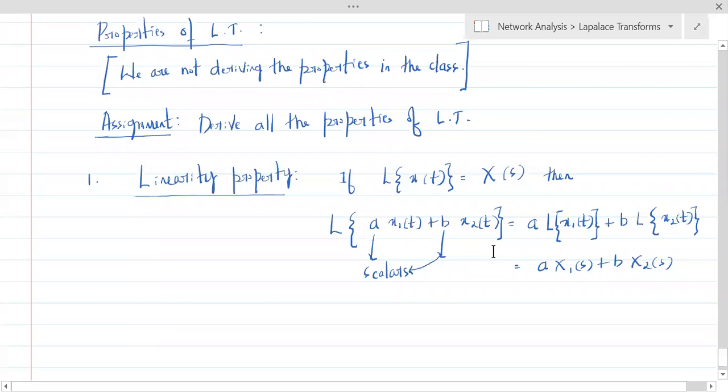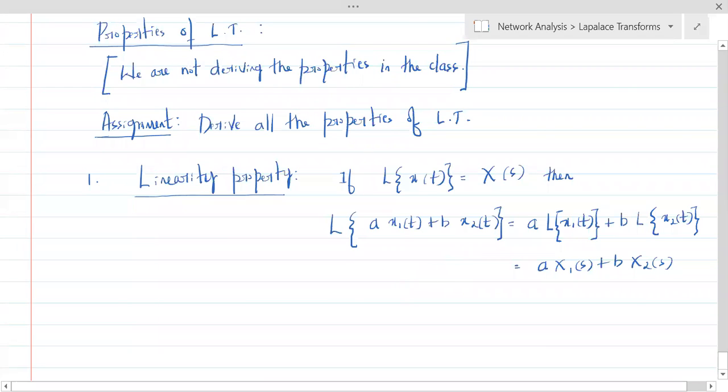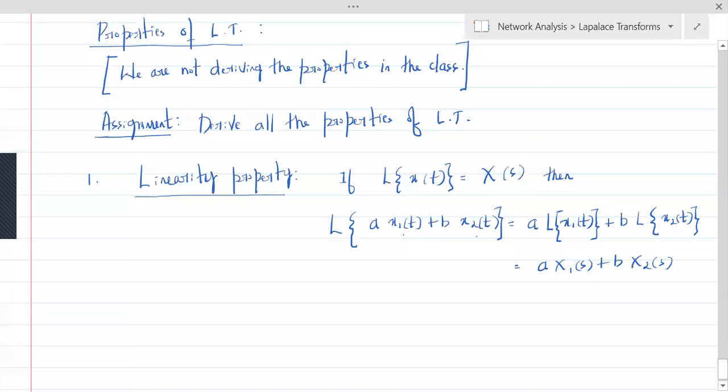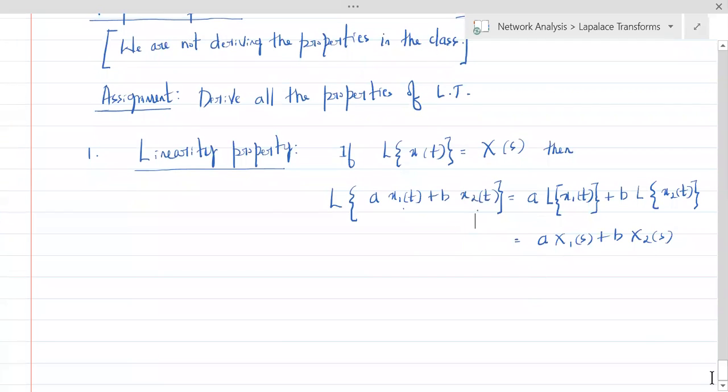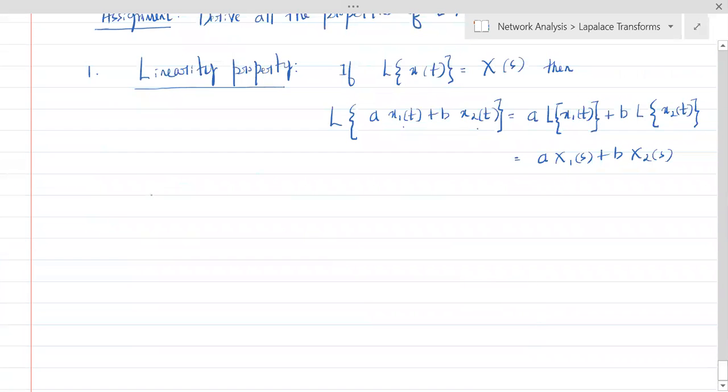So this is a signal, this is a signal, this is also a signal. Get that point? So this is the linearity property, and we shall use this property to solve problems.